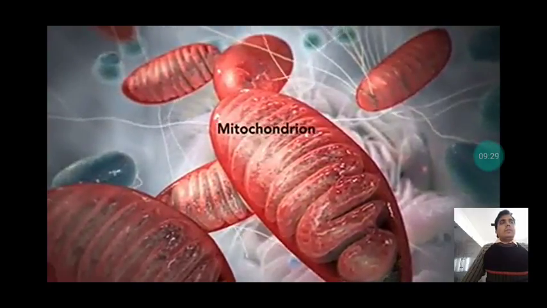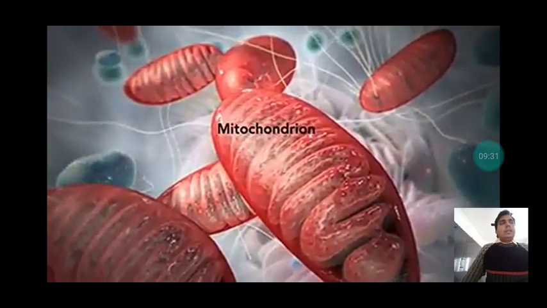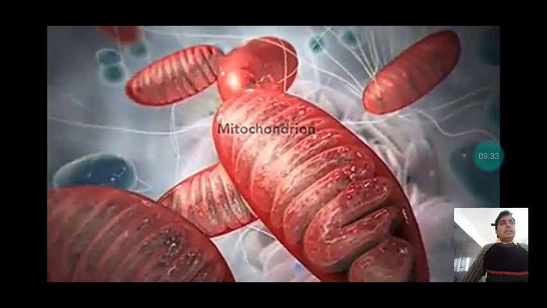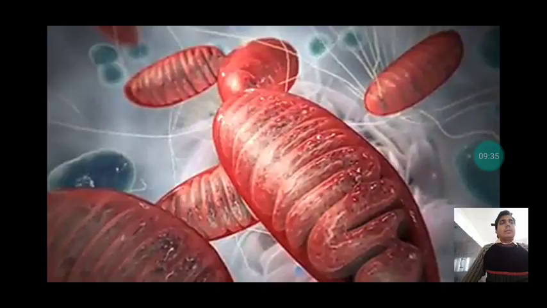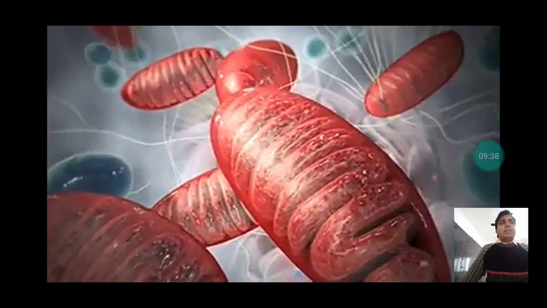The mitochondrion is an organelle that is the powerhouse for both animal and plant cells.